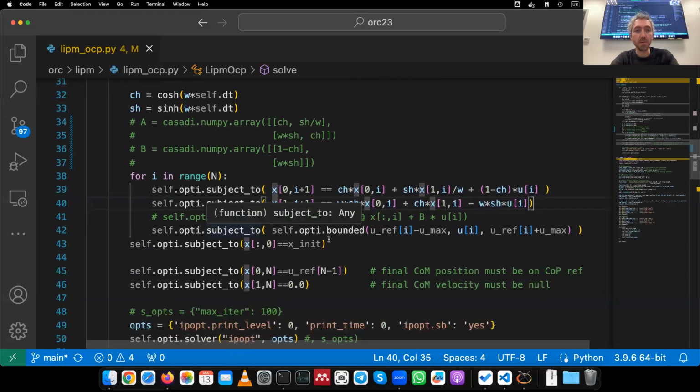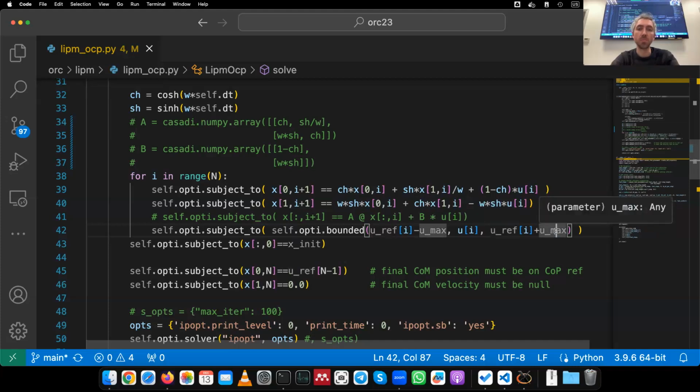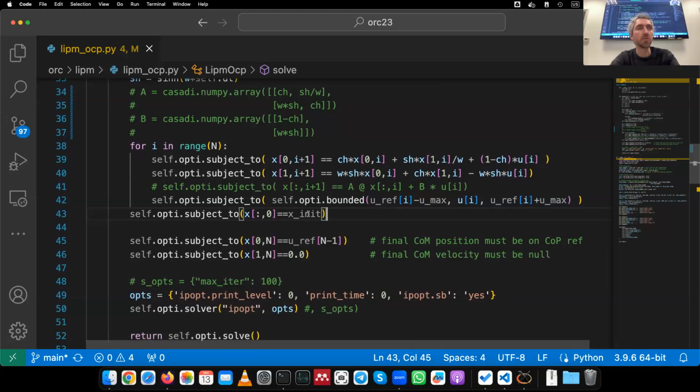We also define the bounds on the center of pressure, U, which is just uref minus umax or uref plus umax. Lower bound and upper bound for the center of pressure. We define the initial condition as a constraint, so x0 must be equal to x init.